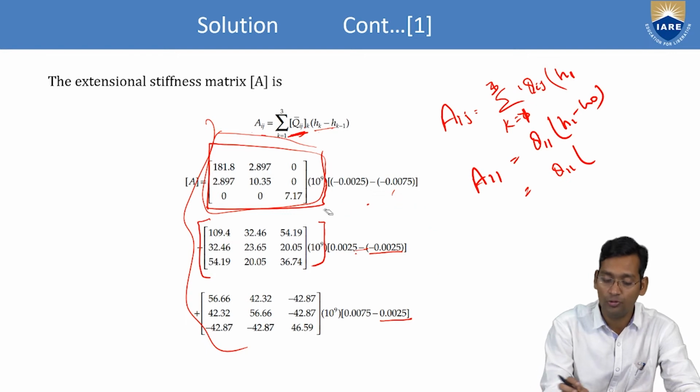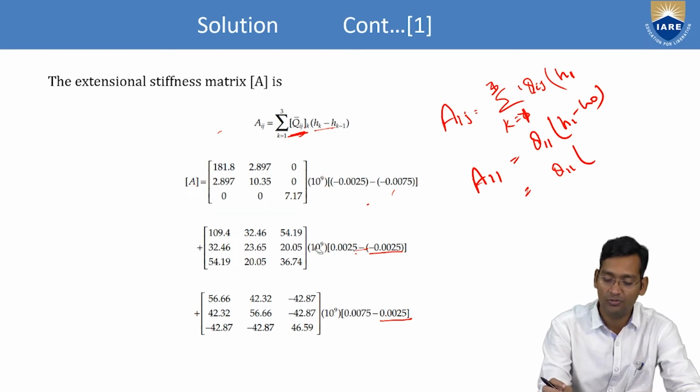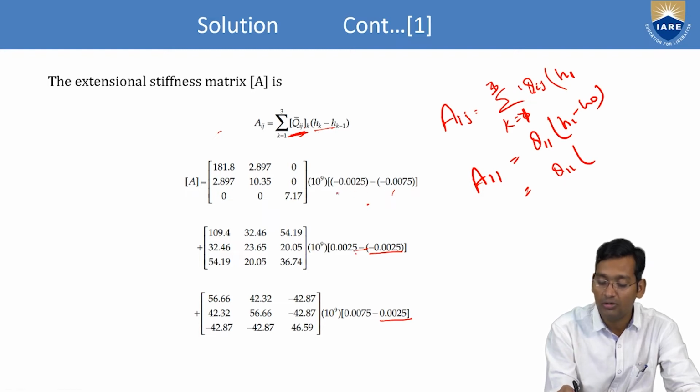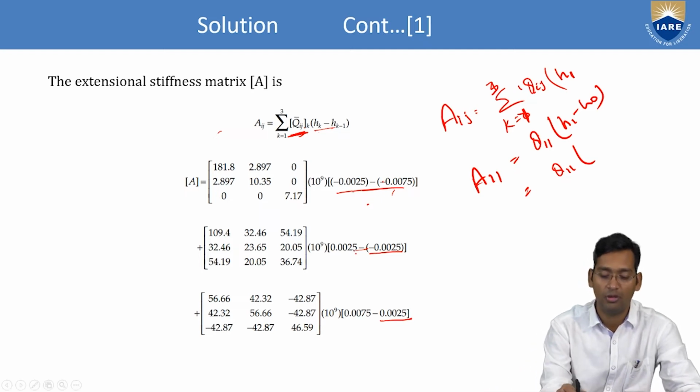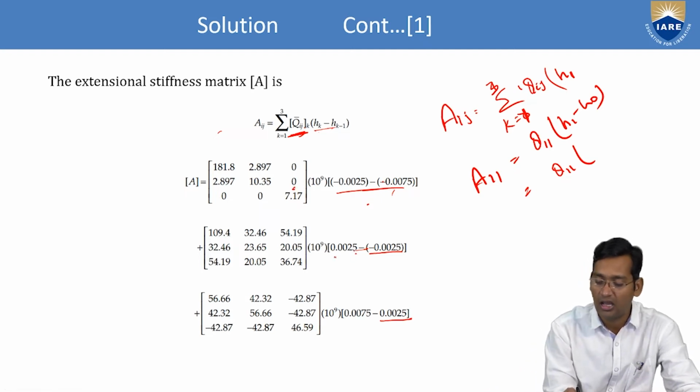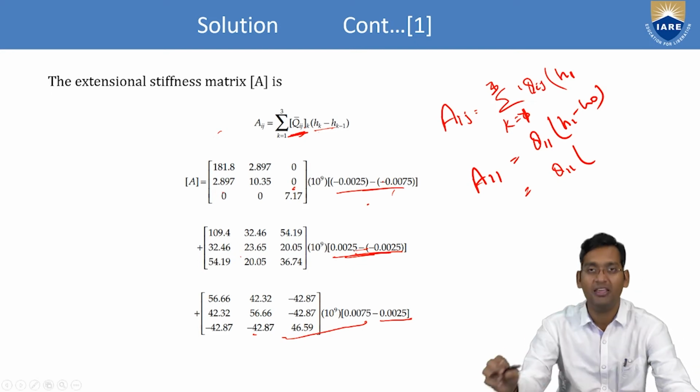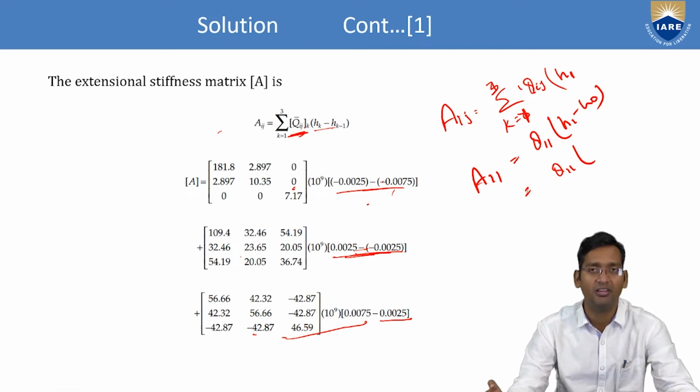So first, before adding, let's see here. Whatever difference you got, that 0.005, multiply with each term. You have to multiply here. Similarly, after adding these two, multiply here, multiply these two here, and then apply matrix addition.